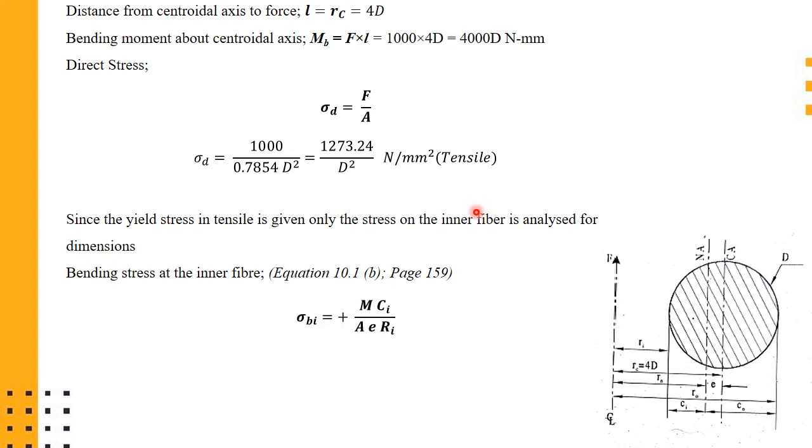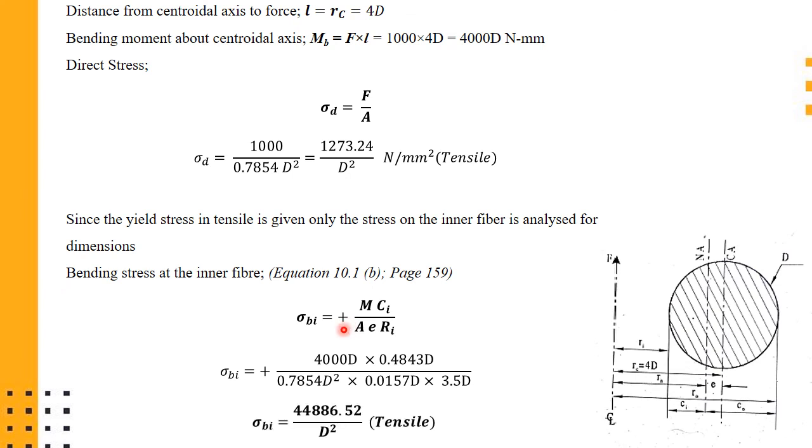So bending stress at the inner fiber, you can get from equation 10.1b, and it is tensile in condition, so it will be positive. So M C I by A e R i, you substitute all the values. Here and there D will get cross cut, and you can get the final sigma BI value in terms of this.